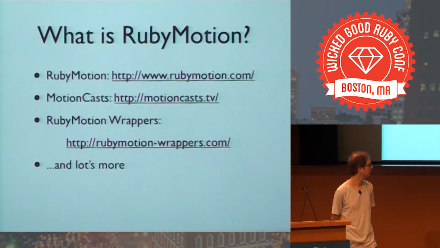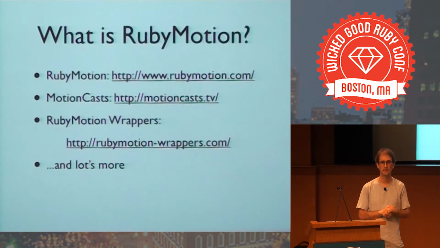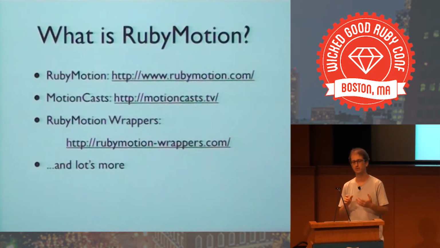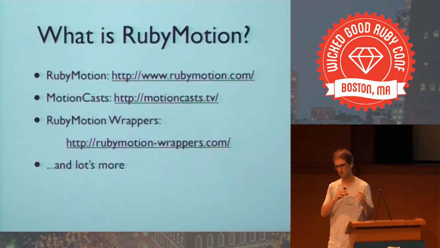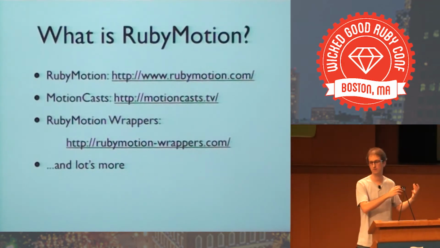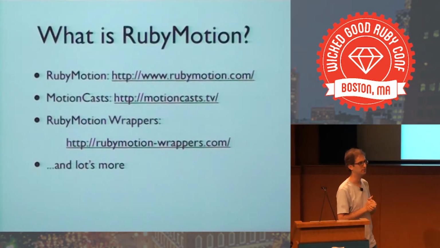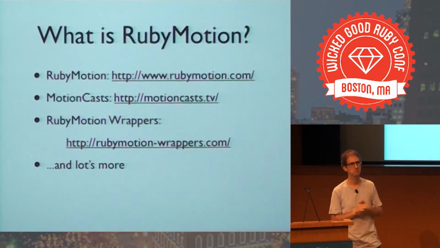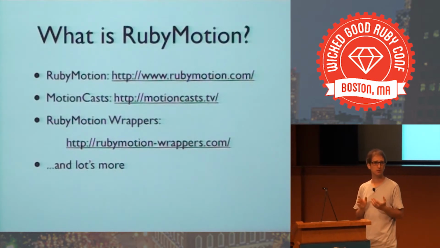And there's a website, RubyMotion Wrappers, that is collecting a list of all the various libraries that people have built to take Objective-C, either built-in classes from the Objective-C APIs, or even third-party open source libraries, and wrap them up in a slightly nicer Ruby interface.